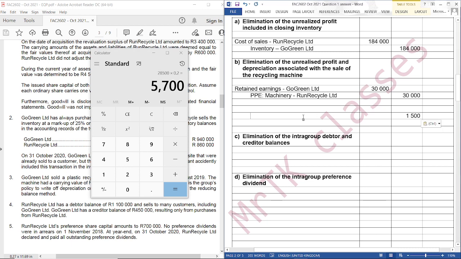Then this is going to be retained earnings. Remember, retained earnings has a credit balance, right? So when we credit it, we are increasing it. So this is realized profit that we are now adding back. So this is in the books of Go Green Limited, right?